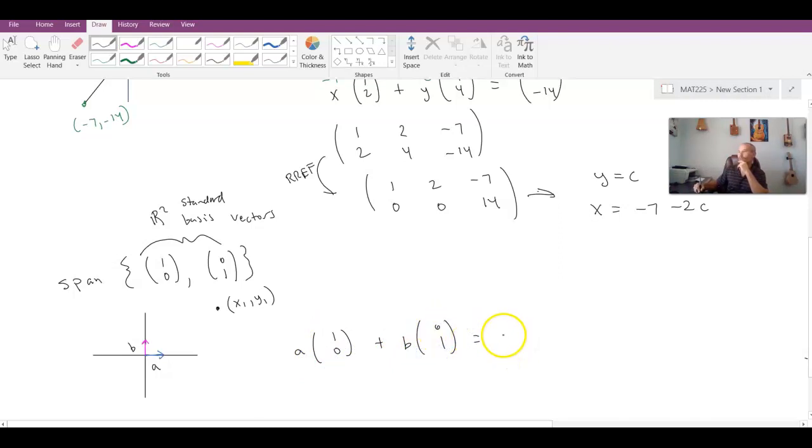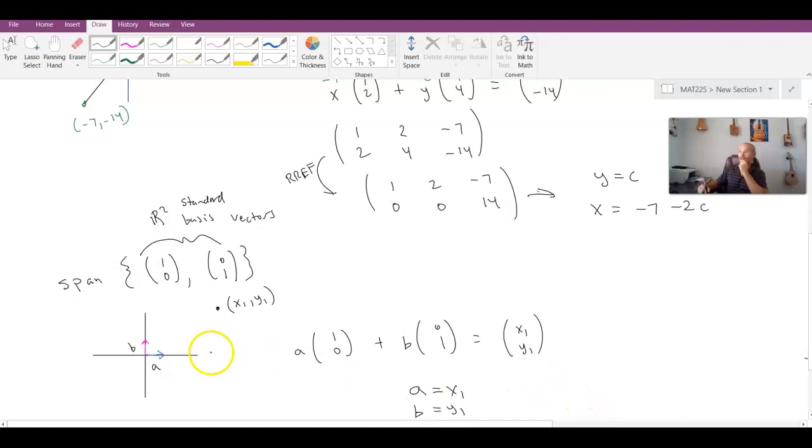Can I make it to the point x1, y1? Well, there's nothing really to solve here, because a times 1 plus b times 0 equals x1 is the same thing as saying a equals x1. A times 0 plus b times 1 equals y1 just says b equals y1.